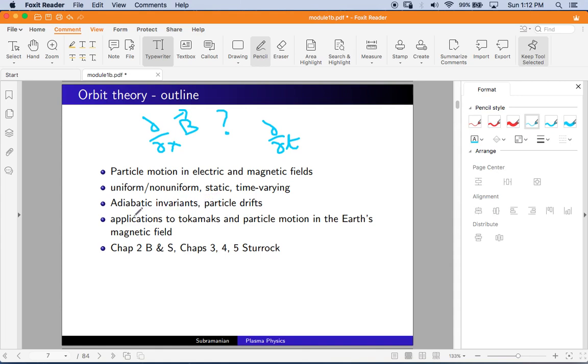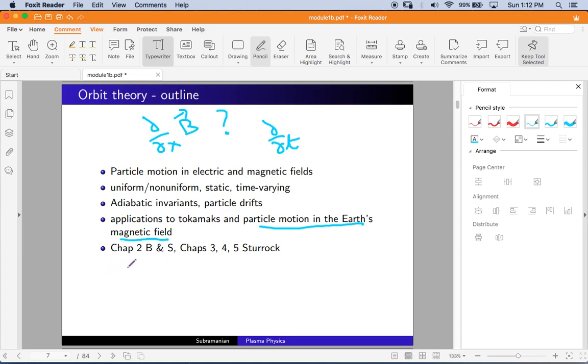They're not strictly invariant; they're what are called adiabatic invariants. We will talk about particle drifts. Particles are moving, but they also drift due to things like non-uniformity in the magnetic field, non-uniformity in density, and so on. And we will talk a little bit about applications. This is not really my field, but I'll do what I can.